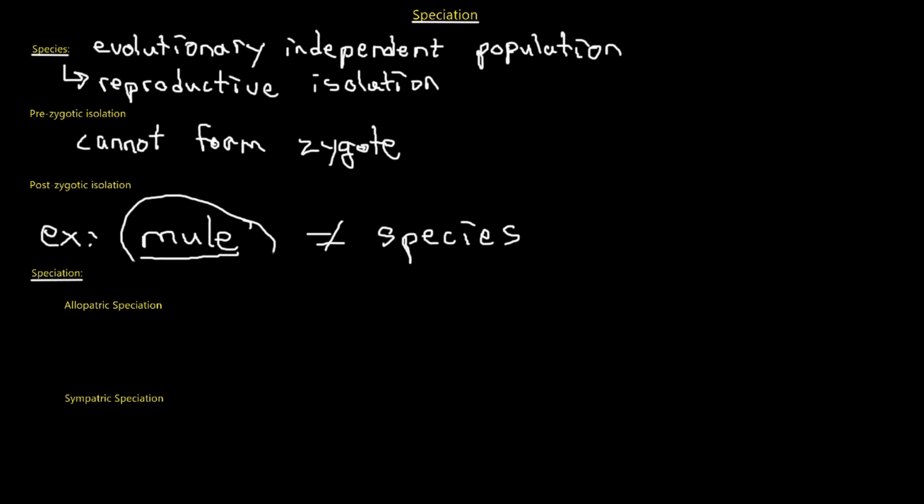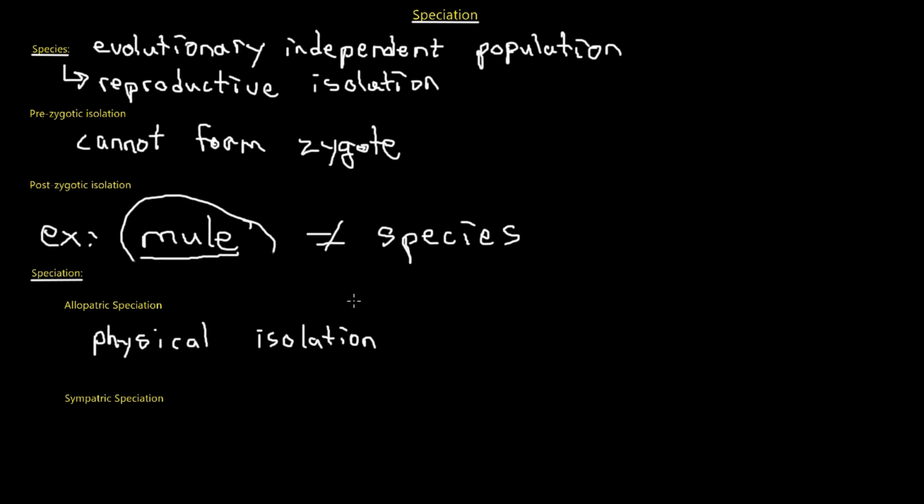So speciation that begins with physical isolation, either through dispersal or vicariance, is known as allopatric speciation. So this is going to be based on physical isolation. And there are two modes in which this physical isolation could occur.